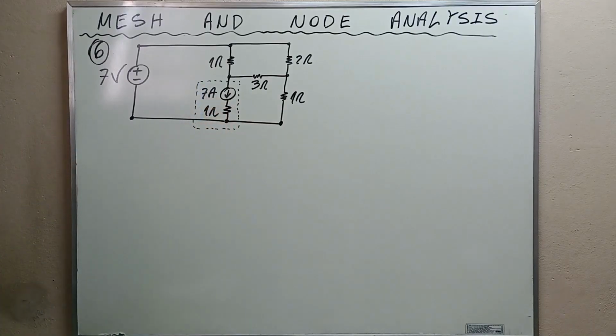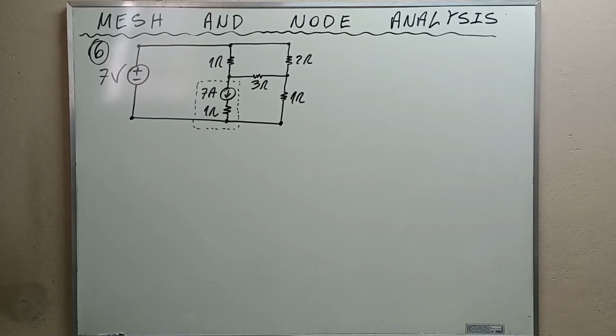Alright, can you see that? If a current source is common to two meshes, we can create a super mesh by avoiding the current source and any passive element connected in series with it. Alright, my friends, so this is how we deal with a super mesh.